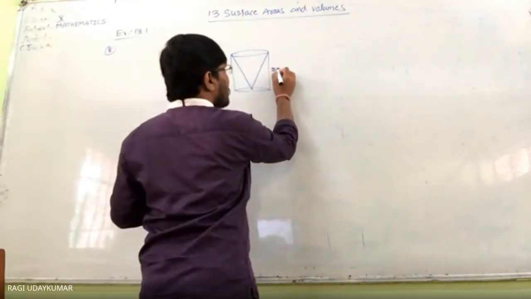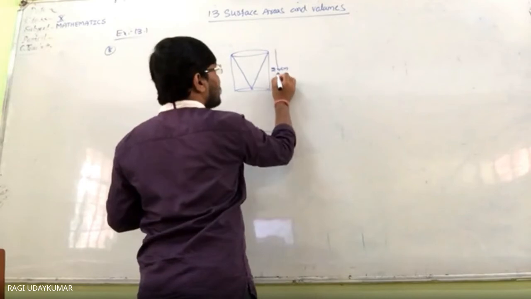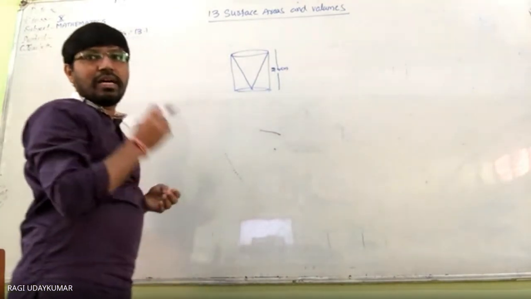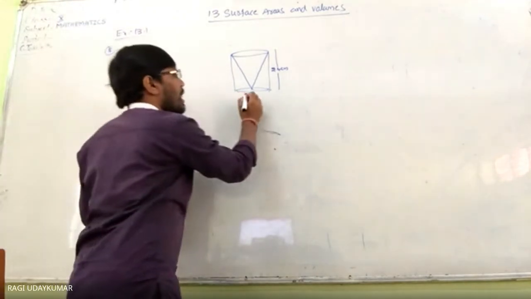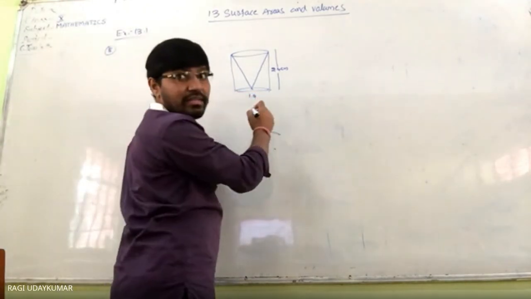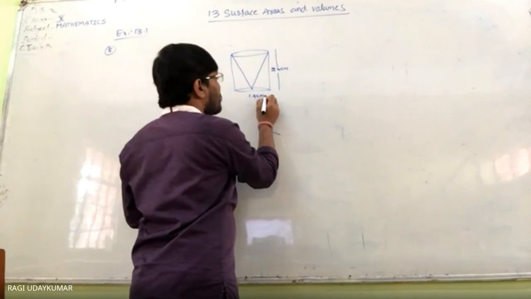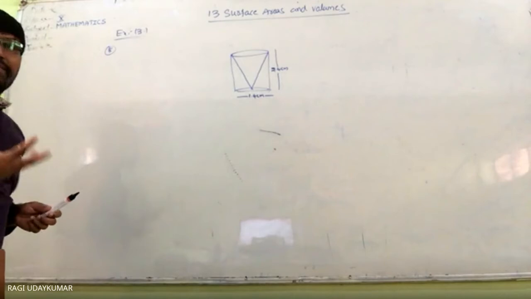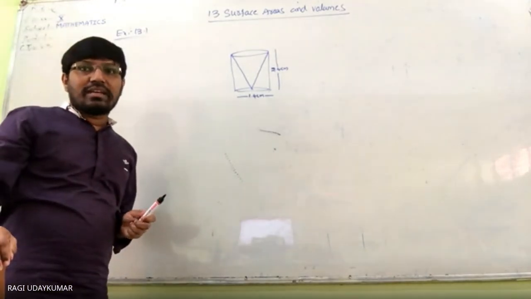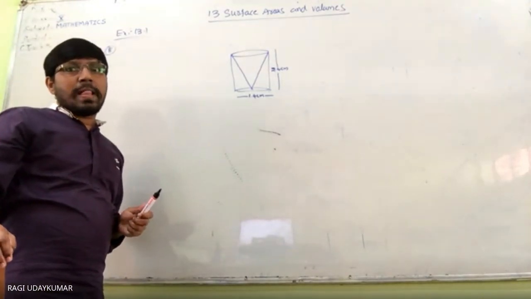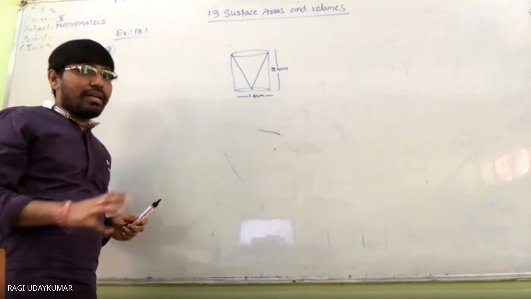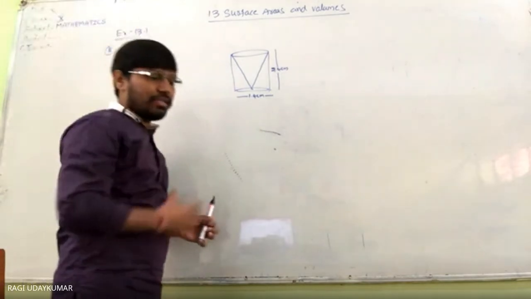2.4 centimeters height, from the solid of the height 2.4 centimeters and diameter 1.4 centimeters. Yes, 1.4 centimeters is the diameter. What is the total surface area of the remaining solid to the nearest centimeter square, is asking. So remaining solid का formula generate करना है इस situation में.